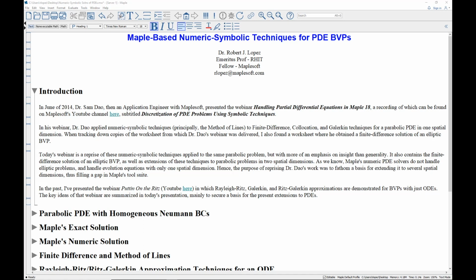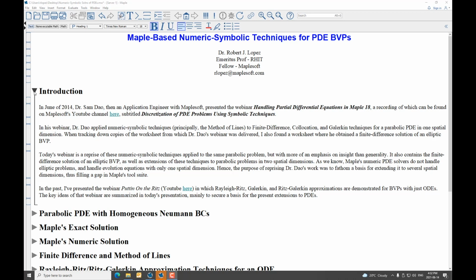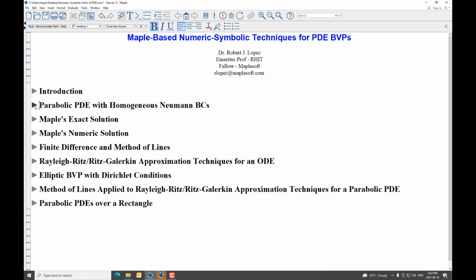And since in the past I've done a webinar titled Putting on the Ritz, where I look at Rayleigh-Ritz-Galerkin approximations for boundary value problems that have just an ODE in them, I will include a quick summary so that you can see what is the appropriate basis for these extensions to PDEs. So what is the parabolic equation that we're going to look at?